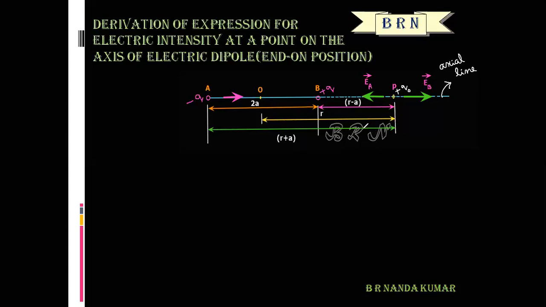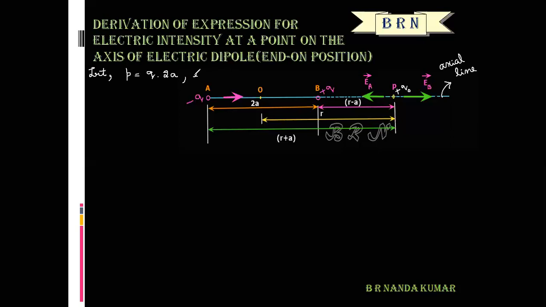Okay, so let's start the derivation. First, here let us consider p is equal to q dot 2a. What is this? Electric dipole moment. p is equal to q dot 2a.